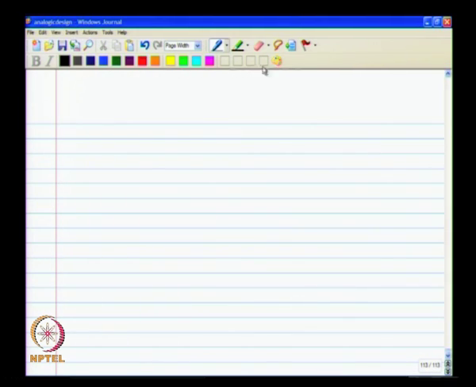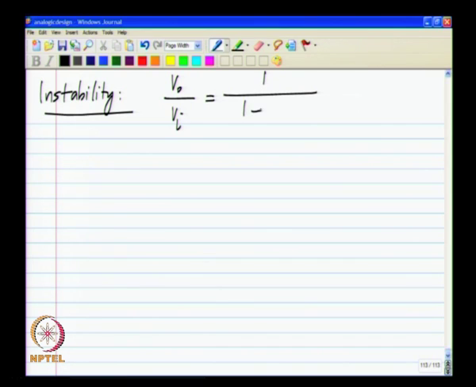Now, what is the actual definition of stability or instability rather? Instability means the transfer function V naught by Vi, which is G by 1 plus GH, has some poles in the right half plane. Okay.